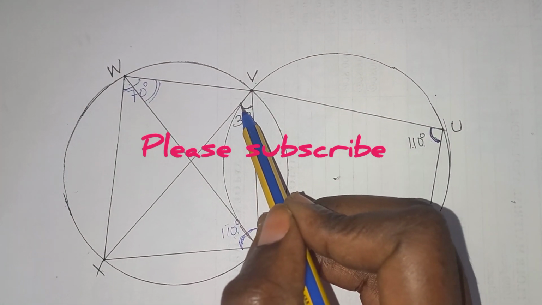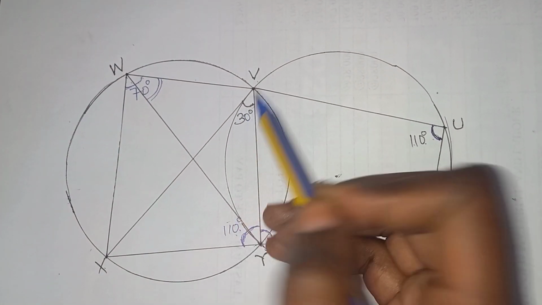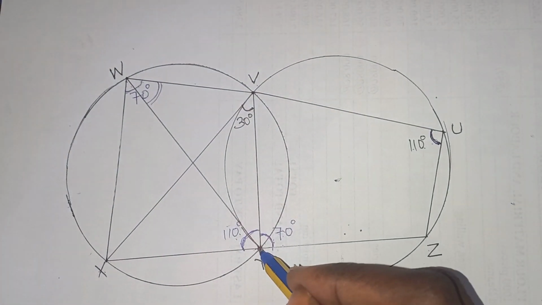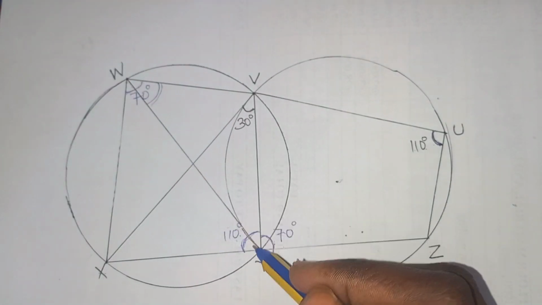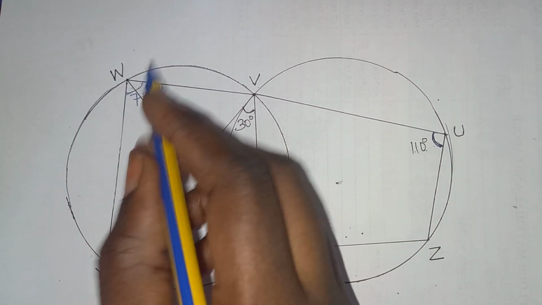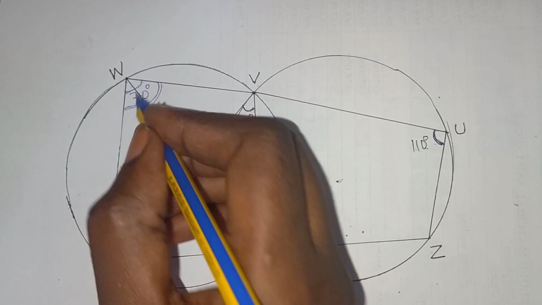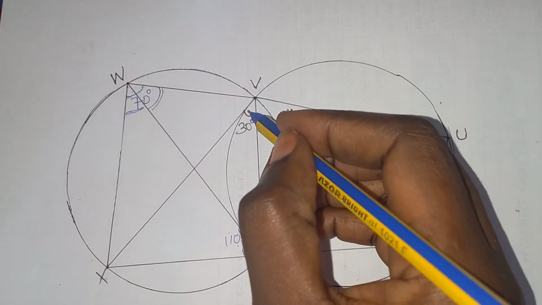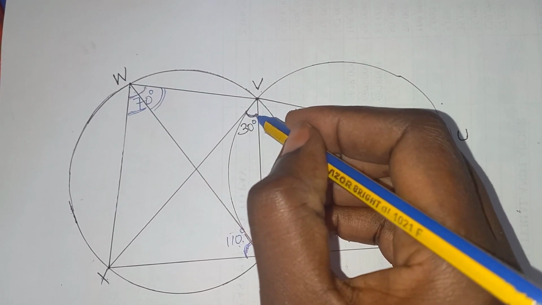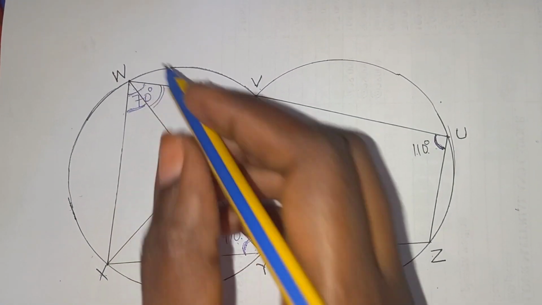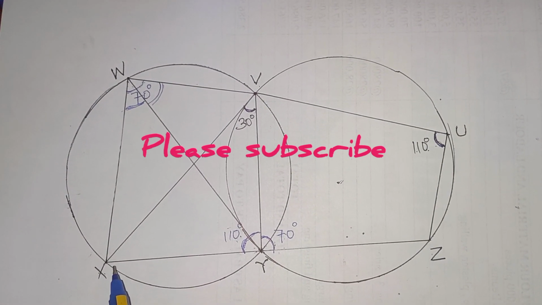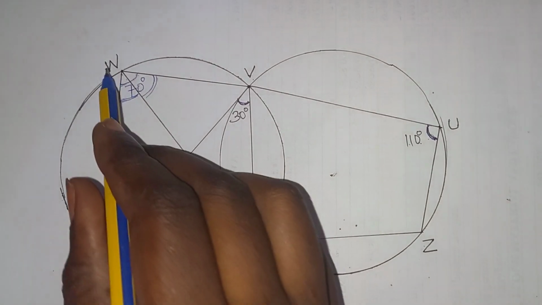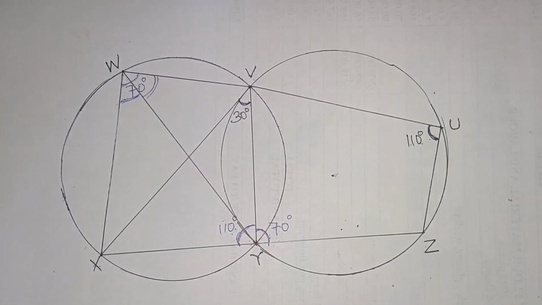This side you are given to be 30 degrees. And let us look at XWY. This angle here is subtended by the same arc with this one. This one and this angle are subtended by the same arc or chord. And you know that angles subtended by the same arc to the circumference of the circle are equal.